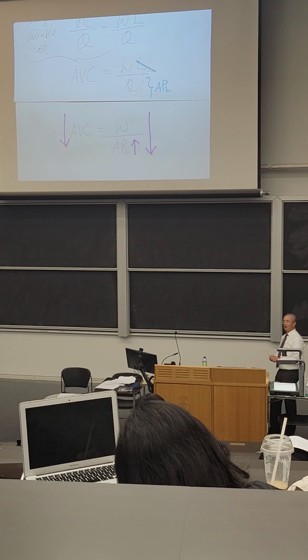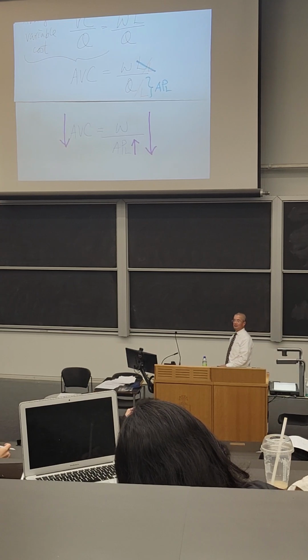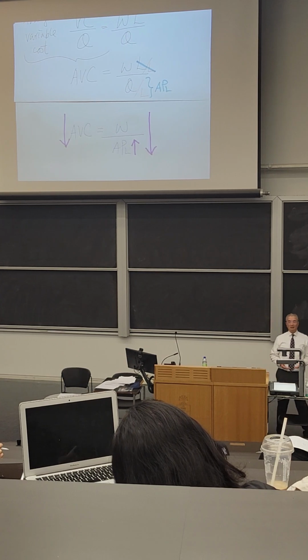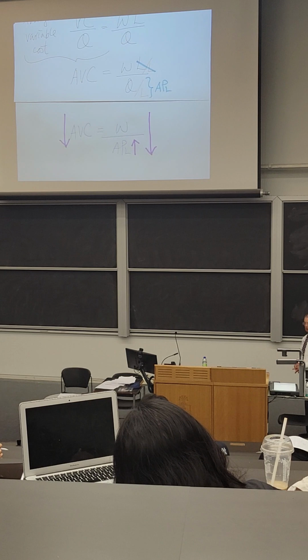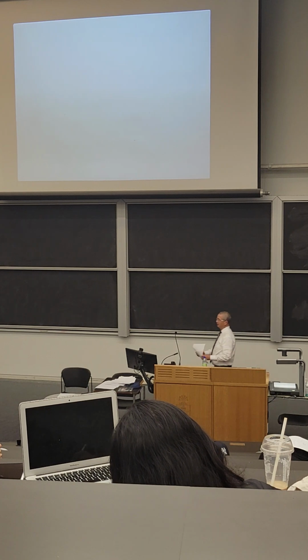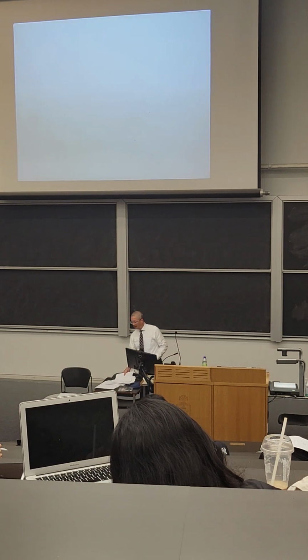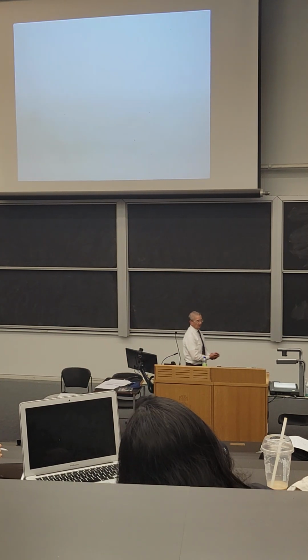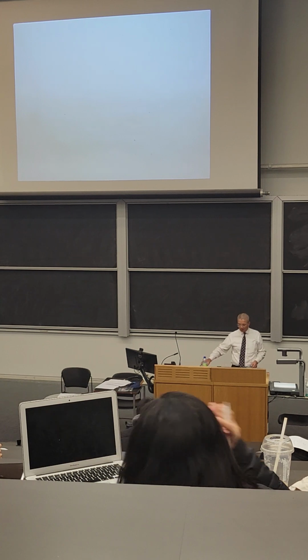So this is the inverse or negative relationship between productivity and cost that we talked about earlier. Improving productivity is going to help you lower the cost. All right? Next, we will connect the marginal productivity to its corresponding cost measure.